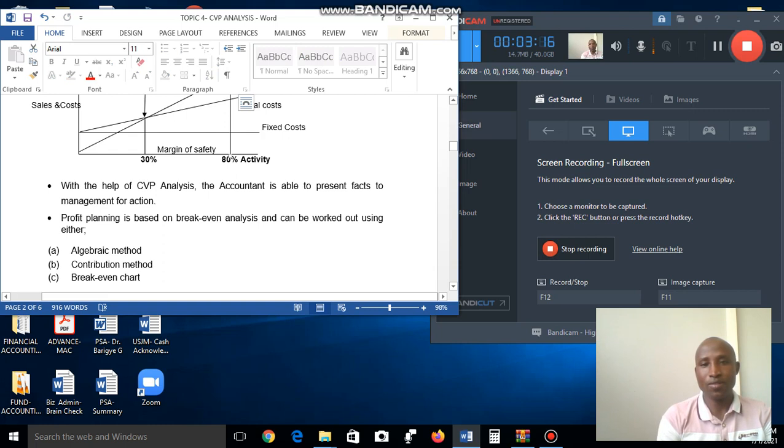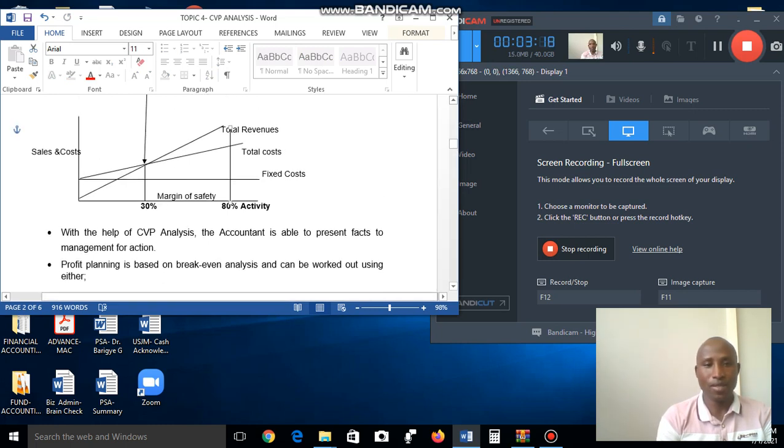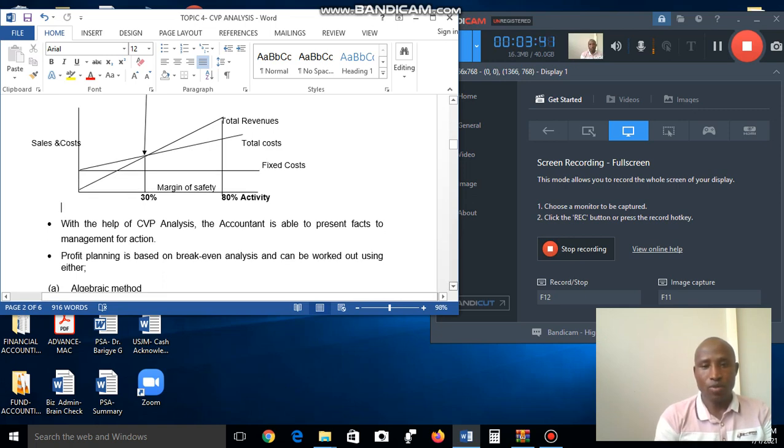When you say margin of safety, it is the difference between the current level of activity and break-even activity. Break-even activity is 30%, the current level of activity is 80%, so the difference here is what we call the margin of safety.